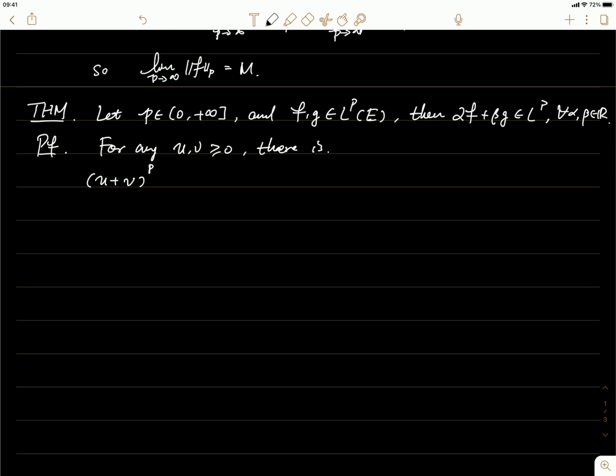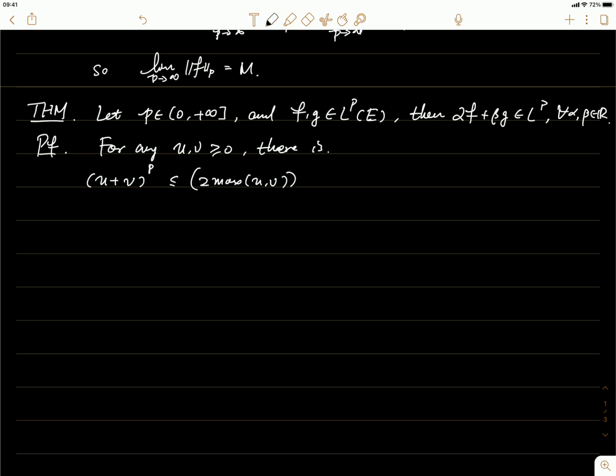The expression inside the parentheses is less than or equal to 2 times the maximum value of u and v, right? Because u plus v is less than or equal to this.